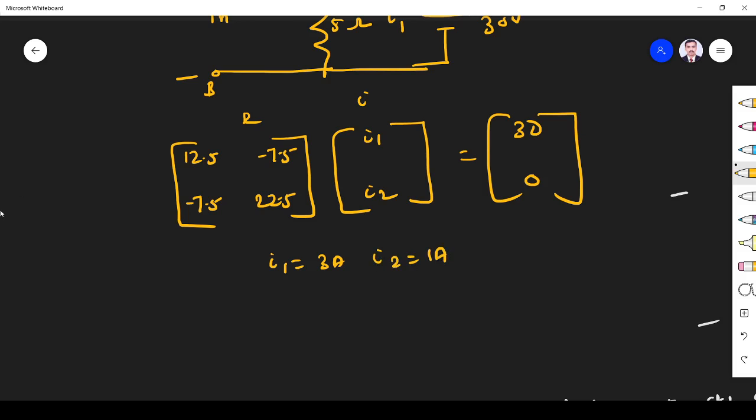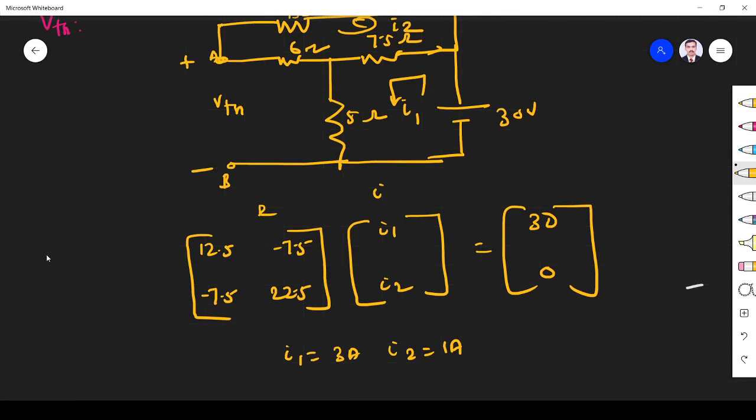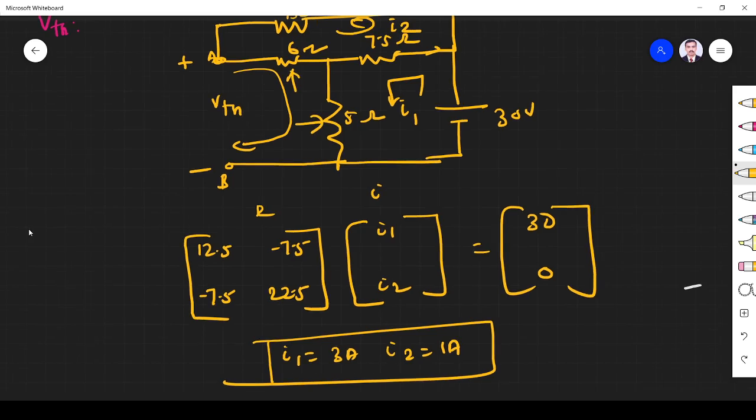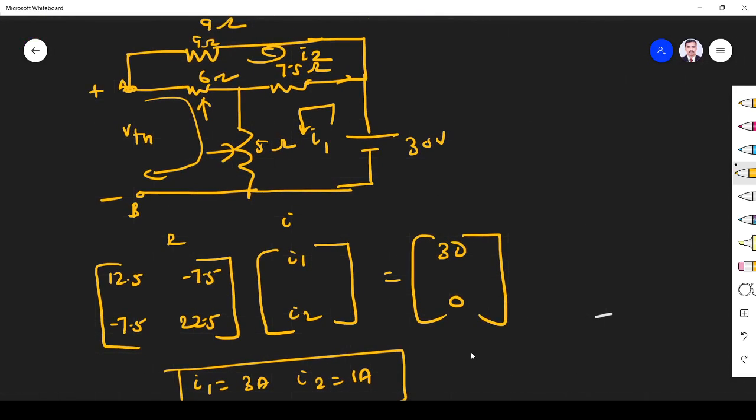Right. So I want VThevenin. So I1 and I2 I found. What is VThevenin? VThevenin is the voltage across this terminal. So VThevenin is equal to the voltage drop across the 6 ohm resistor plus the voltage drop across the 5 ohm resistor.